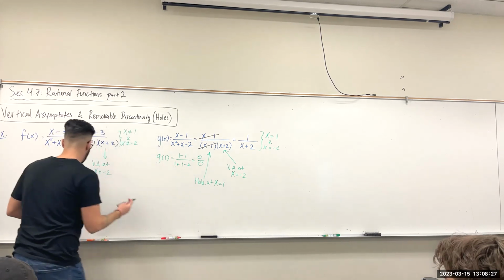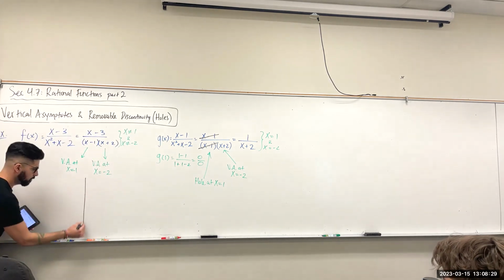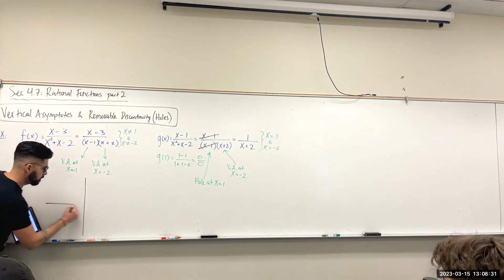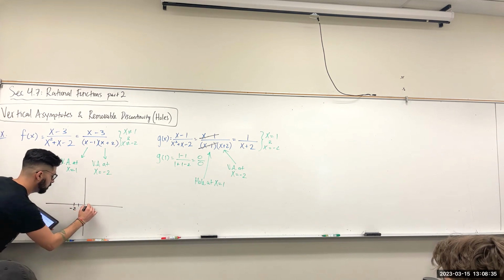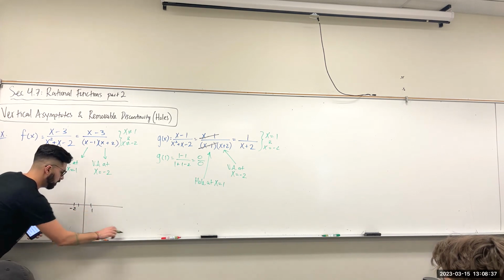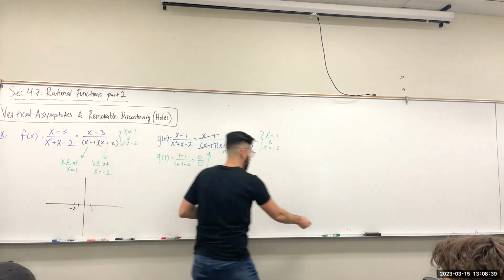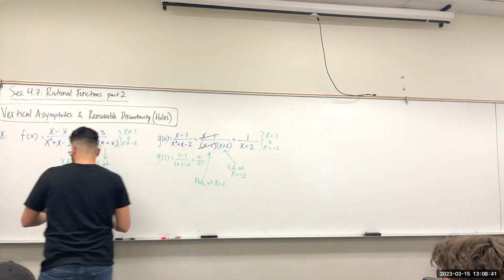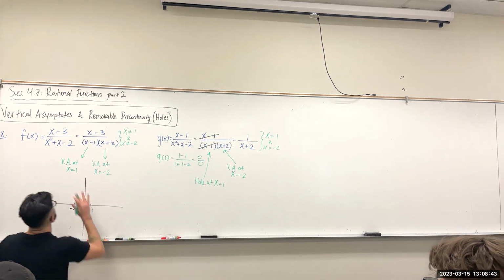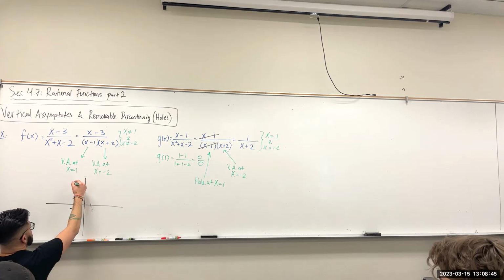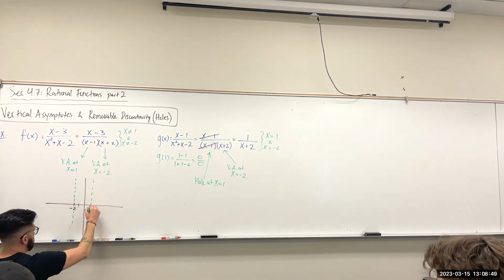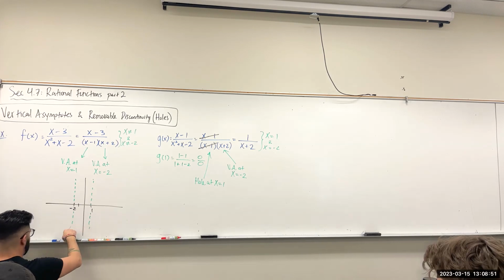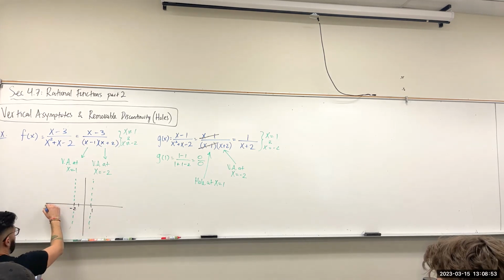So let's do a quick sketch of the graph, just so that it's in your notes. So we had 1, -2, and then we had 1 right here. Right now, we're just focusing on the vertical asymptote, okay? So the graph had a vertical asymptote here, and then here, and the graphs look something like this.